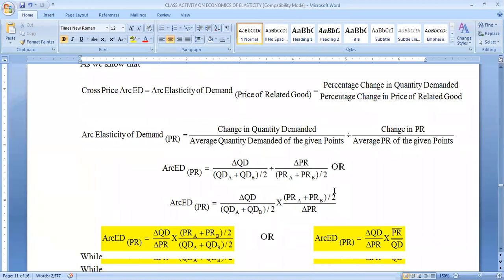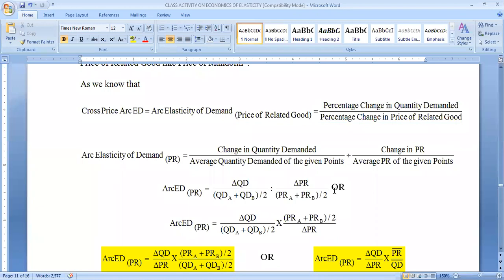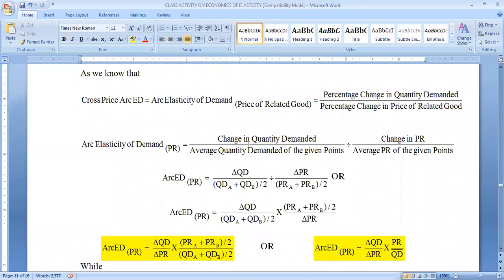In the next step, the arc elasticity of demand with respect to price of related good can be written as delta QD over delta PR multiplied by PR at point A plus PR at point B, the sum divided by 2, divided by QD at point A plus QD at point B, the sum divided by 2. Or arc elasticity of demand with respect to price of related good equals delta QD over delta PR multiplied by PR bar over QD bar.